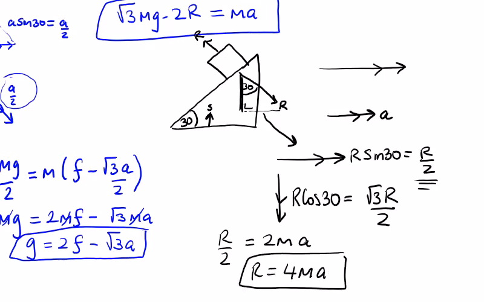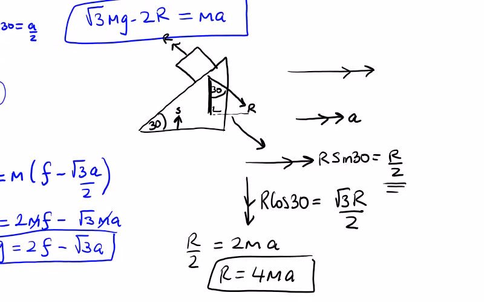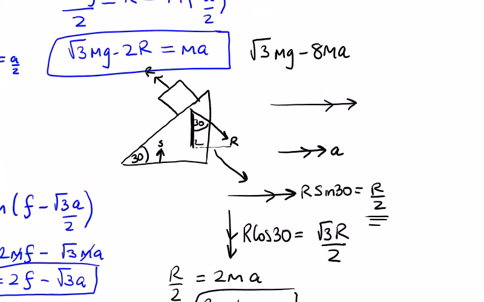We have 2R up here, so 2R is 8ma. So root 3mg minus 8ma equals ma. Dividing by m and bringing my 8a to the right-hand side, I get root 3g is equal to 9a. So a is equal to root 3g over 9.